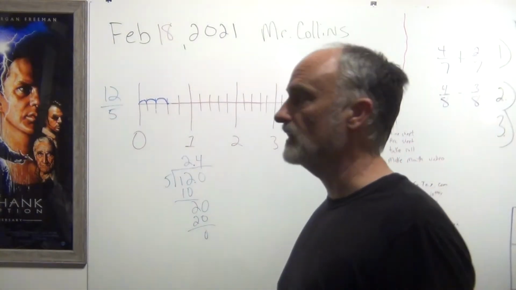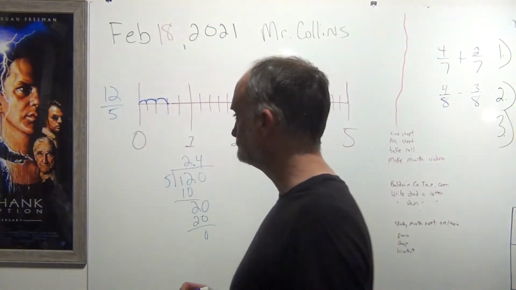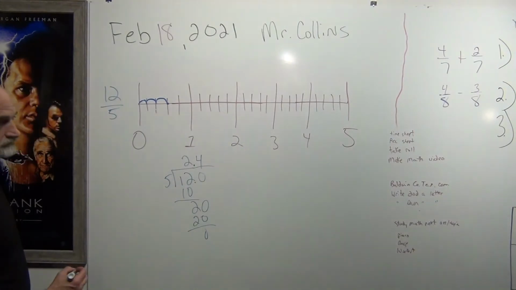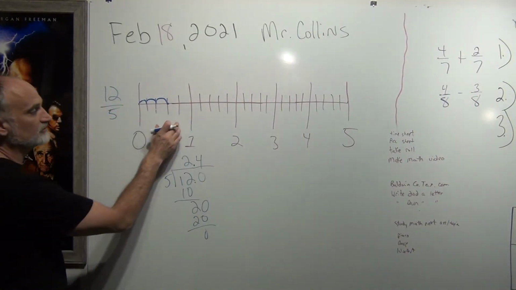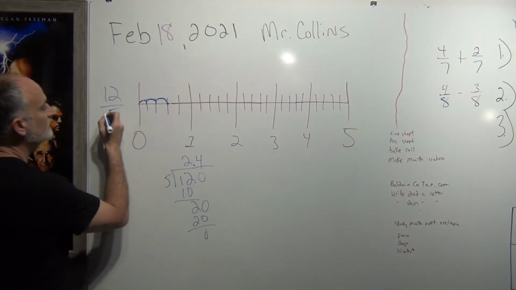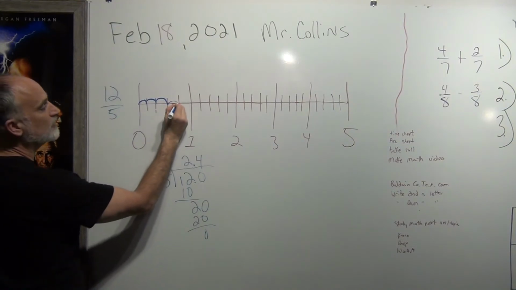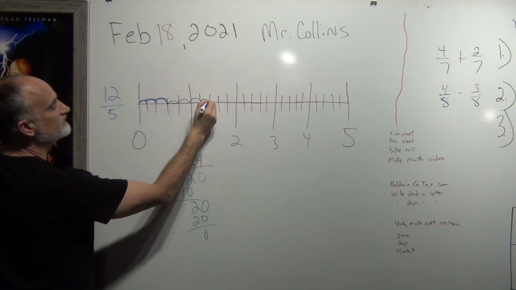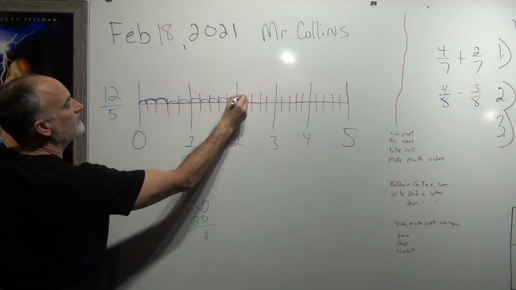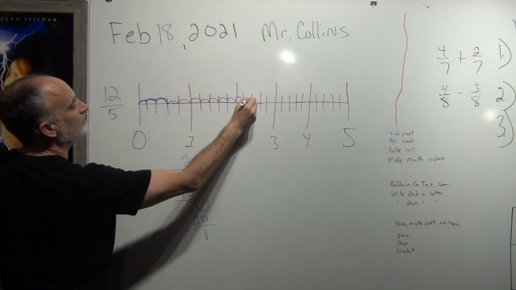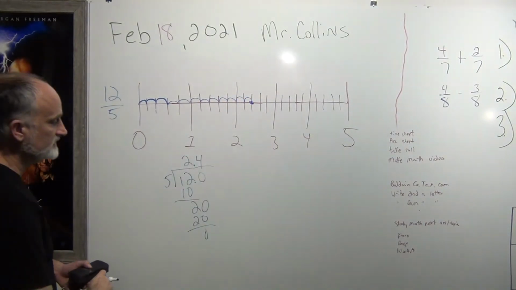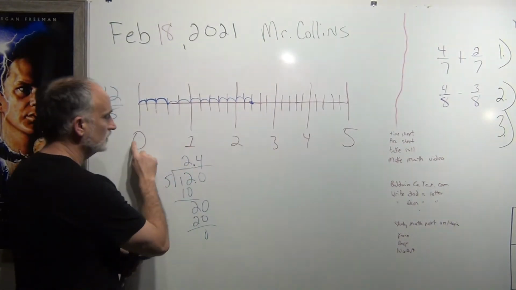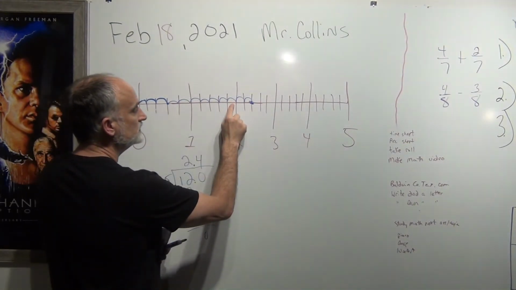Now let's see if that's right. Check this out. 12/5, right? These are in 5s. We got the 3 here, right? 4, 5, 6, 7, 8, 9, 10, 11, 12. Is that what I put right here? 2.4. 1, 2, 2.4.